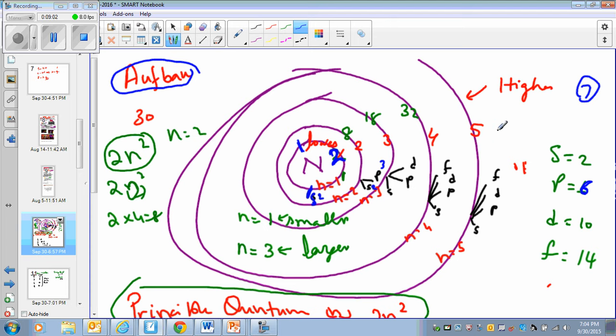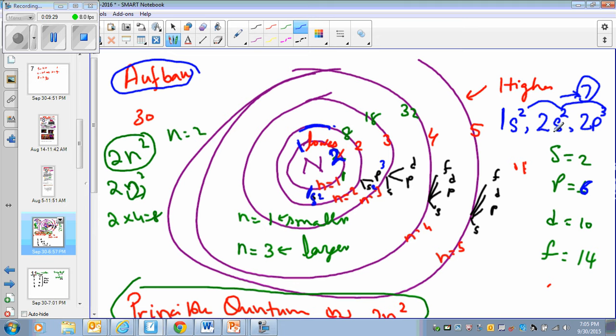So when I went to the first energy level and saw sub-level S, I gave it 2 electrons because S could take 2. Then I jumped up to the second ring, which is the second energy level, and the second energy level has 2 sub-levels, 2S and 2P. I put 2 in S and I put 3 in P, because the total was going to be 7: 2 plus 2 is 4, plus 3 is 7.